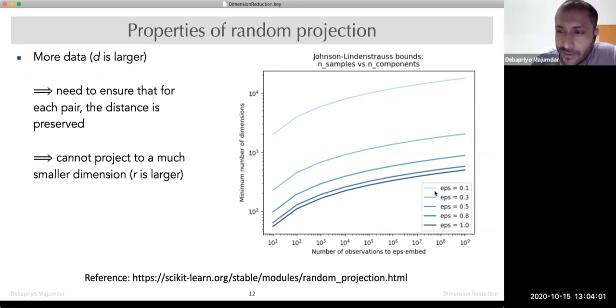Yeah, so here we have only 5 different errors, and we see, keeping the error fixed, as the number of observations increases, that means the number of data points increases, what do we need in R? So this is for each of the plots, keeping the error fixed. If my number of points increases, then what do we need?